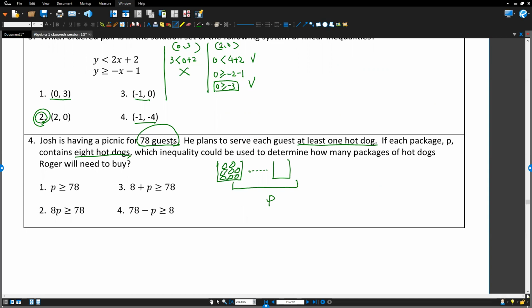So what is the number of hot dogs? Each package has 8 hot dogs. We have P packages, so the total number of hot dogs is 8 times P. But this number should be greater than or equal to 78, at least one hot dog each. That's the inequality, okay? So choice 2 is the answer.